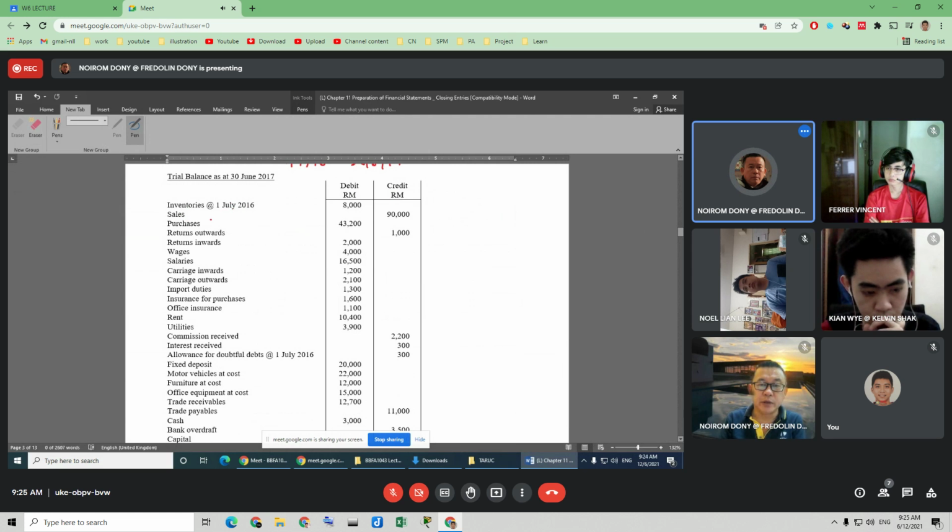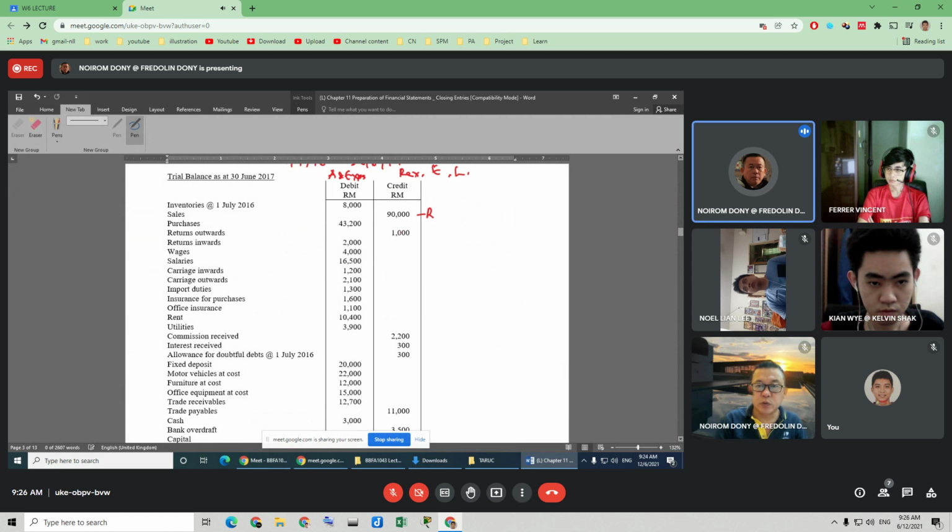So remember, debit only asset and expenses. Credit: revenue, equity, and liability. Very easy. Like sales, of course, this is revenue, isn't it?